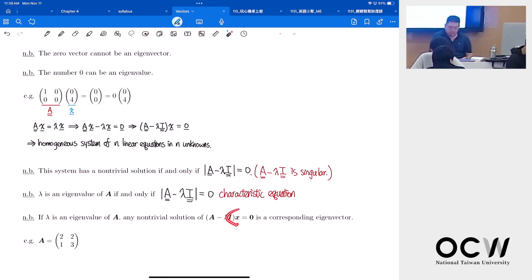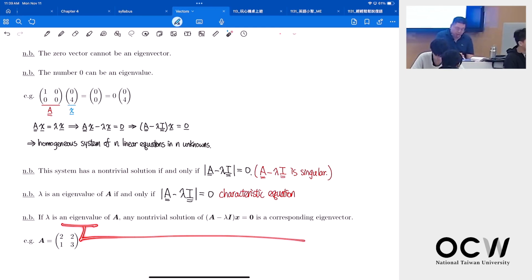For one eigenvalue, I will have one eigenvector. Okay.